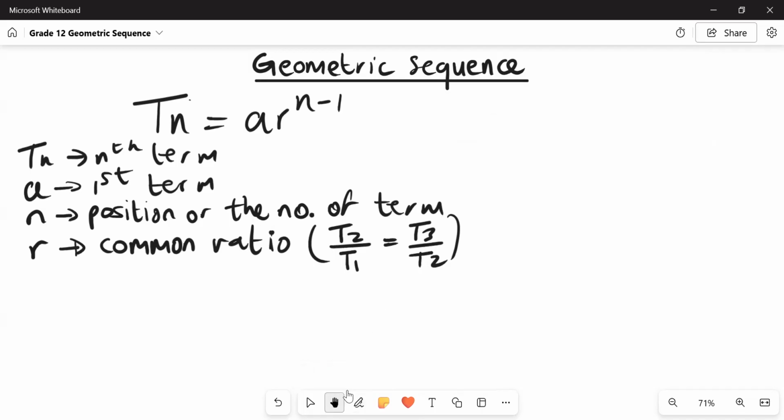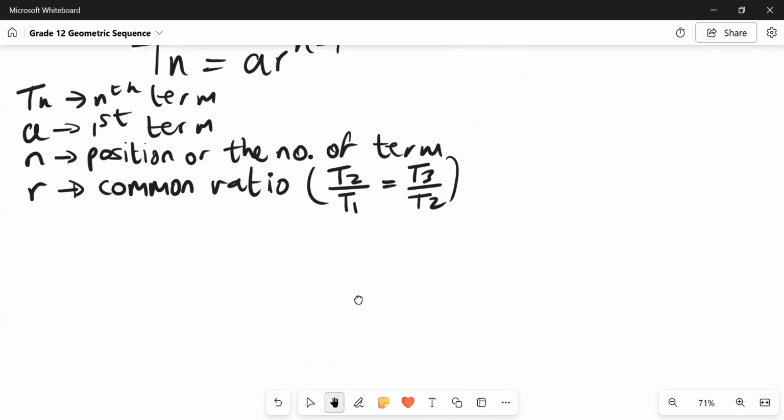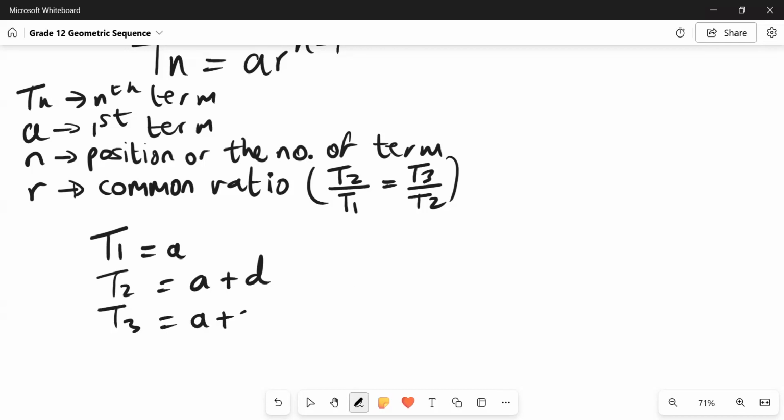Before we dive deeper into this, I want us to go back to how to express the geometric terms. In our arithmetic sequence, we said T1 equals A, T2 equals A plus d, T3 equals A plus 2d, and then we noticed that if there's 2 here, then there's 1 there.